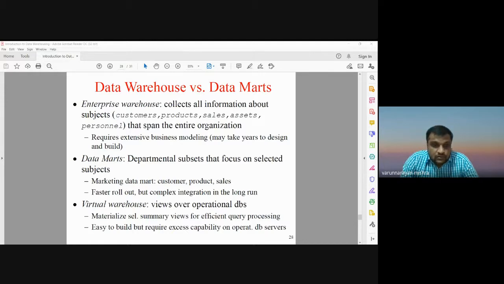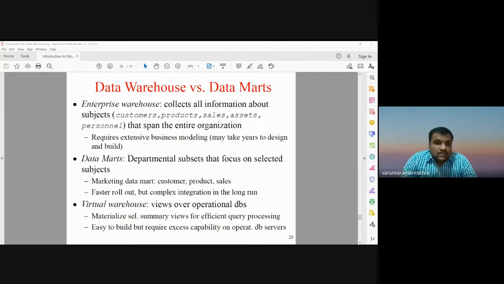Okay, so this is the difference between the data warehouse and the data mart. We can say that the data warehouse collects the entire information about any subject.